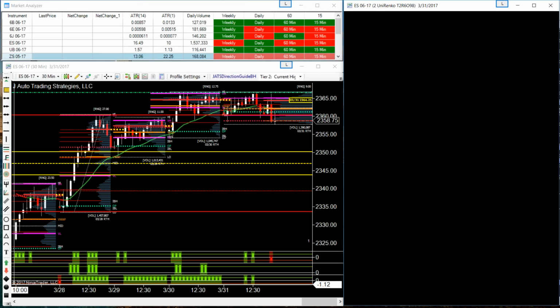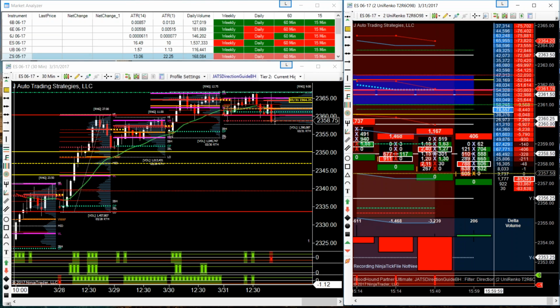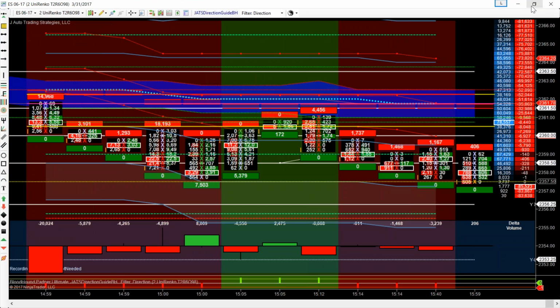Gomi is working with me to expose the plots to the volume ladder on the bid and the ask, and this commitment of trader, the COT change on the volume ladder.